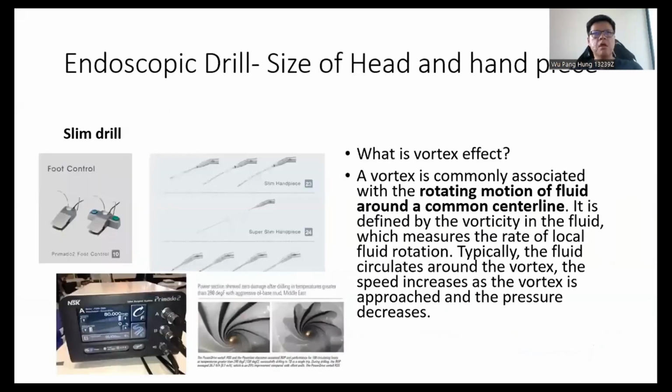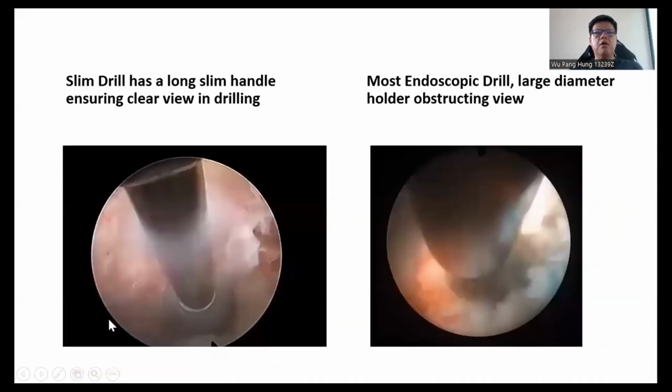In terms of endoscopic drill, we have to choose a good endoscopic drill with a slim handle and good pedal. Why we use a slim handle is because we want to have less vortex effect. Vortex is commonly associated with rotating motion, and the fluid around the rotating motion can lead to a vortex that you can see from here. A smaller rotation, slimmer handle or holder can lead to a smaller vortex.